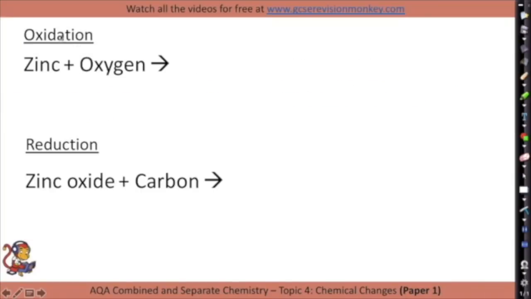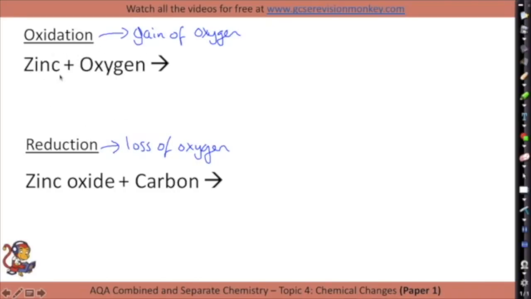Two further reactions, we've got oxidation and reduction. In terms of a chemical reaction, oxidation means the gain of oxygen, and reduction means the loss of oxygen. You also see these two words later on in terms of electrons, and they mean something different, but for the moment we're talking about a chemical reaction.